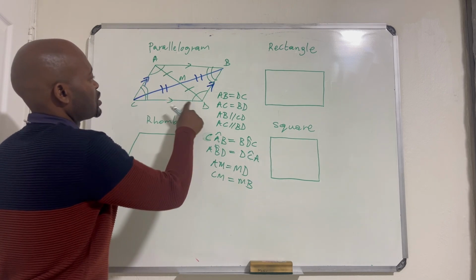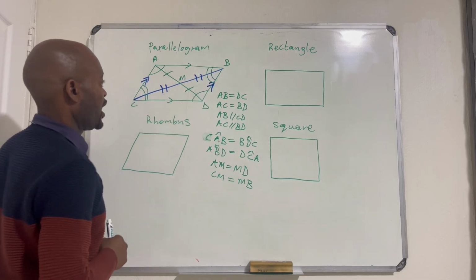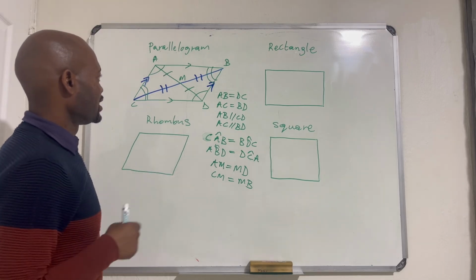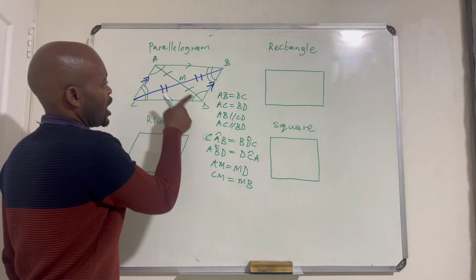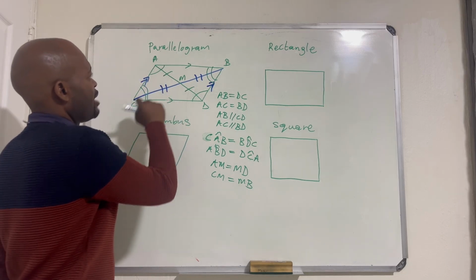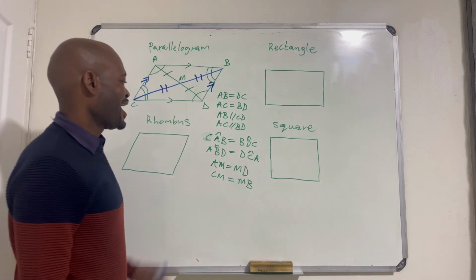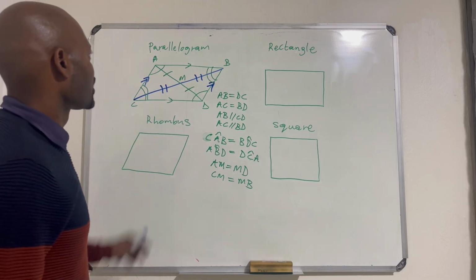This angle is equal to this angle, and this angle is equal to that angle. Diagonals bisect each other. Therefore, it means that AM is equal to MD, and CM is equal to MB. But they don't bisect each other equally, but they bisect each other.